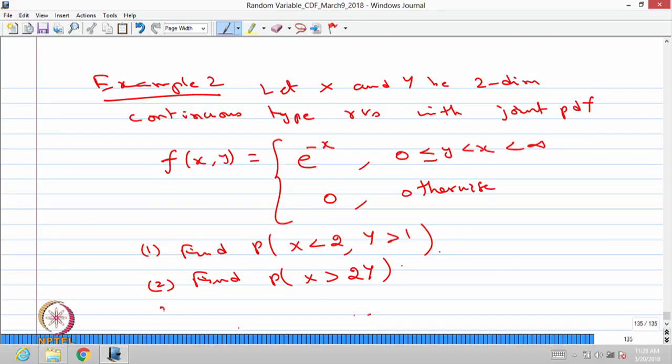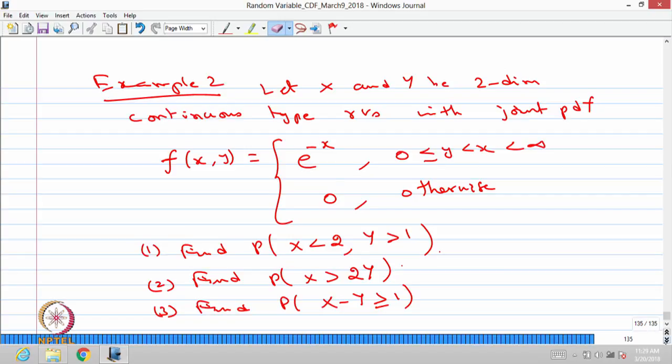And the third question, find the probability of x minus y is greater than or equal to 1. It's a very simple problem. The joint probability density function is given. Finding out the probability of different Borel sets in R2.